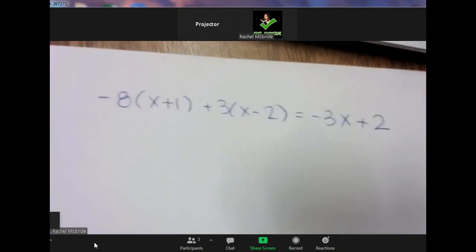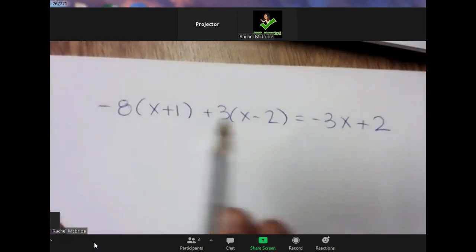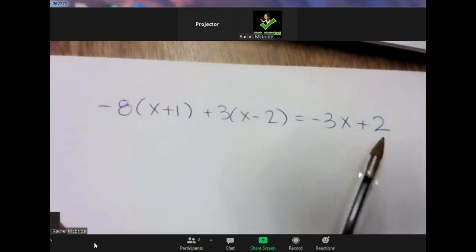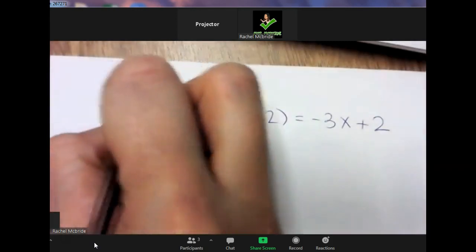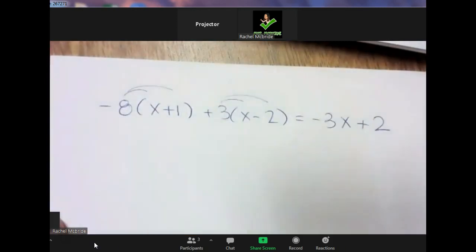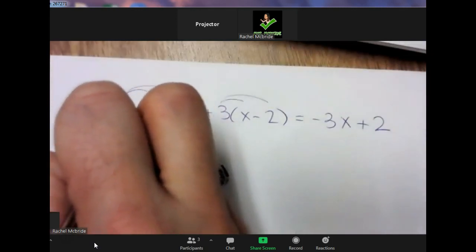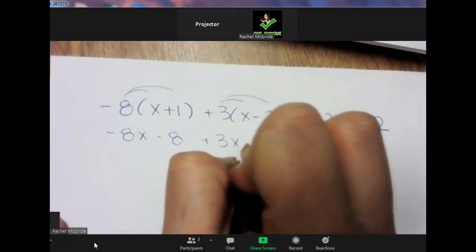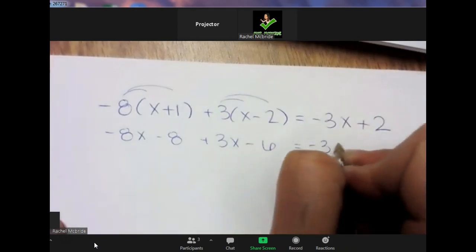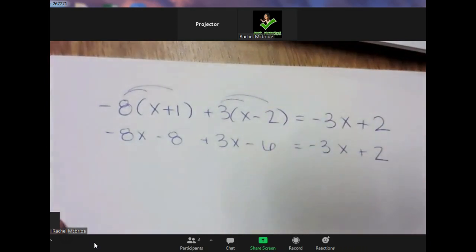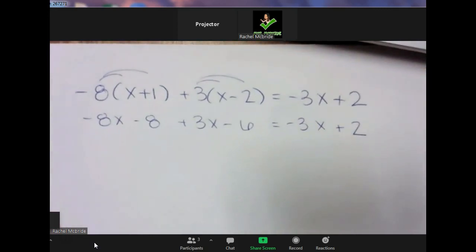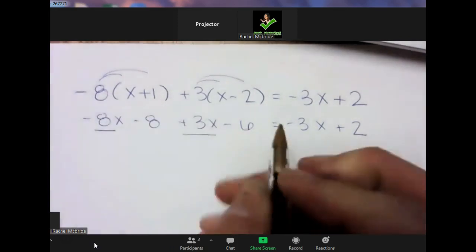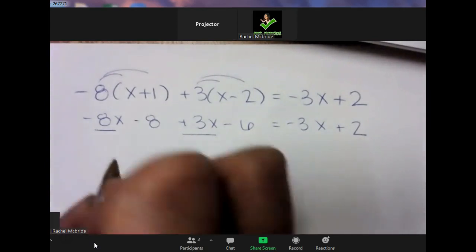All right, so did anybody still need that challenge problem in the work? Luke, you do? Okay, so you distribute your negative 8, you distribute your 3. Okay, so combining, well, now I have to finish because I just can't stop now.